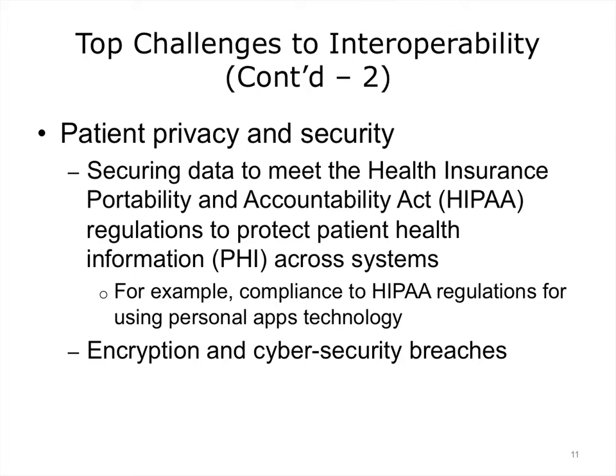Another challenge is encryption and cybersecurity breaches. Electronic PHI has been encrypted as specified in the HIPAA security rule by the use of an algorithmic process to transform data into a form in which there is a low probability of assigning meaning without use of a confidential process or key, 45 CFR 164.304 definition of encryption, and such confidential process or key that might enable decryption has not been breached.